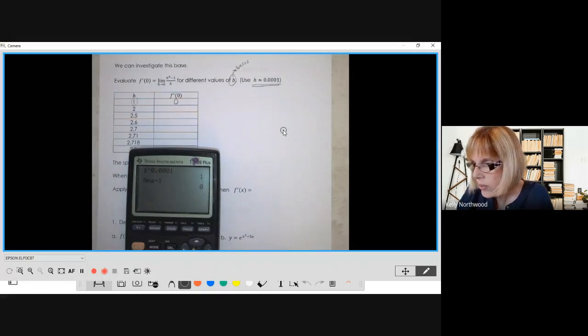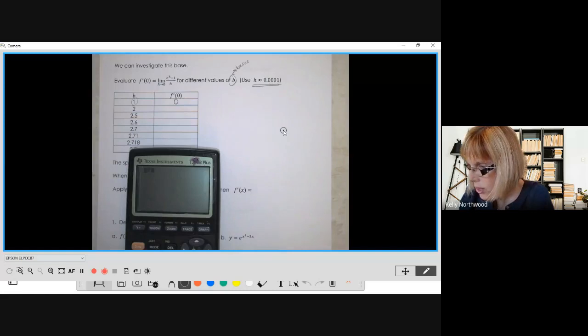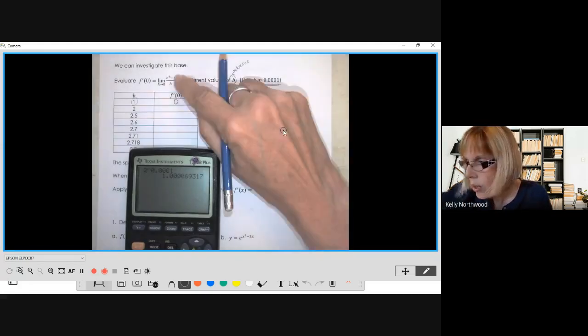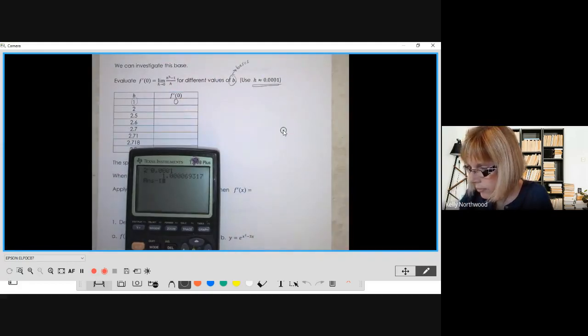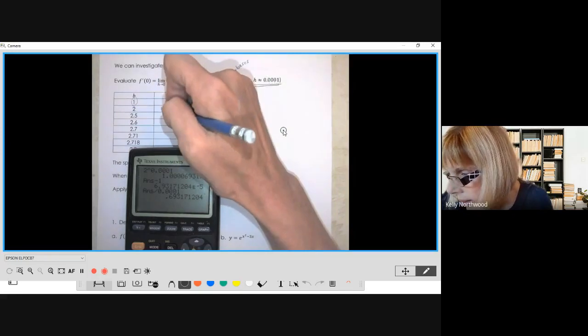Now I'm going to try a base of 2. So on my calculator, I'm doing 2 to the exponent 0.0001 equals. Then I'm going to subtract 1 equals. And then I'm going to divide by 0.0001. And I get 0.69317.